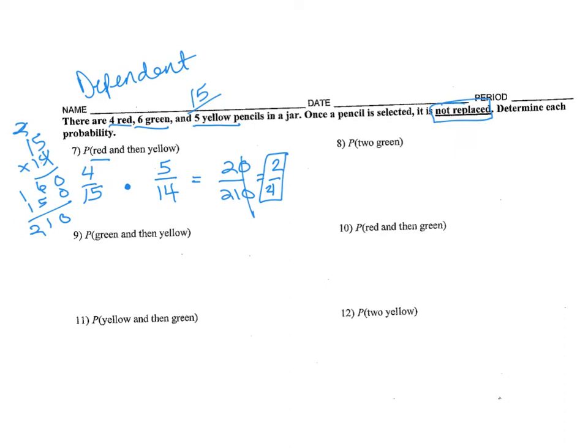Okay, then the next one, the probability of 2 green. So the first event, we've got 15 pencils again, so I'll put 15 on the bottom. We're starting over, and we're going to do this twice. I'm going to grab in the pencil box. What's the probability that I'll pull out a green? 6 over 15, because there's 15 pencils.